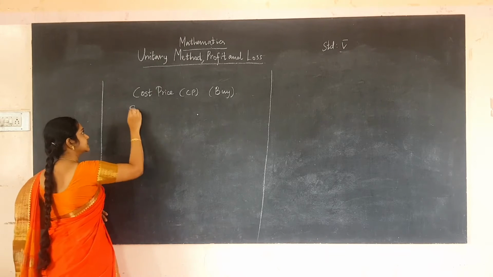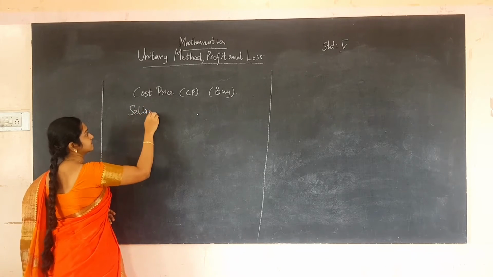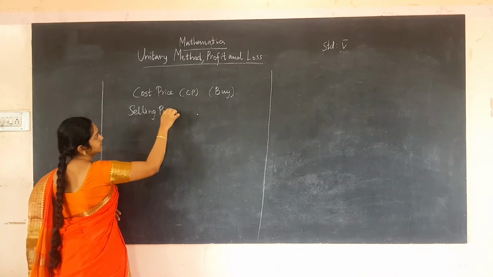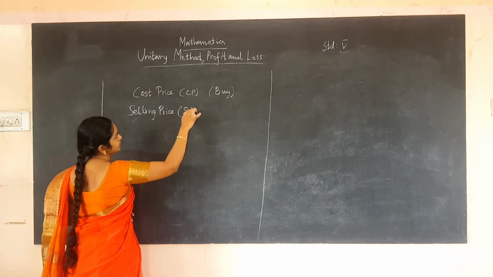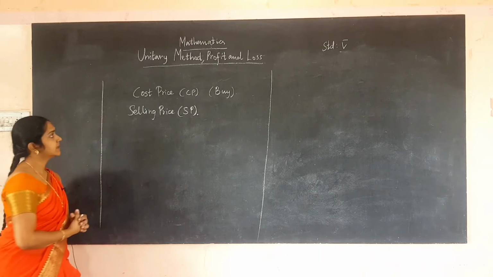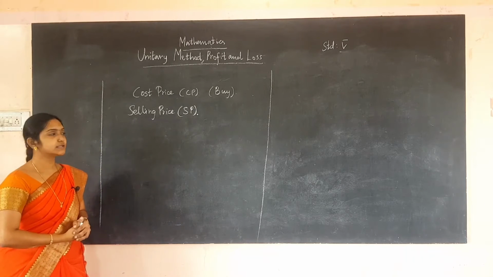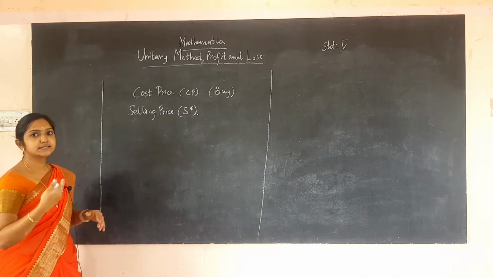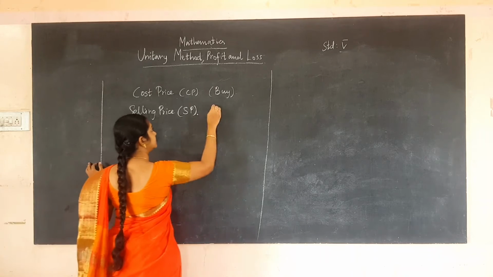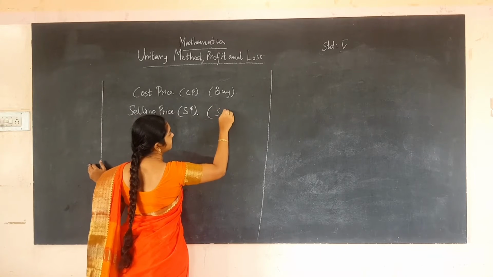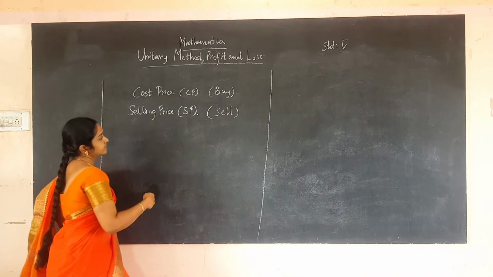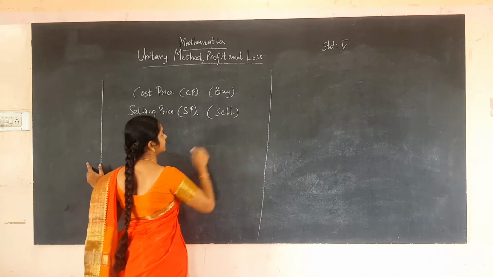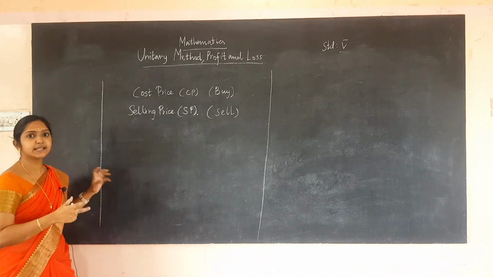Next it is selling price. In short we call it as SP. Selling price is the amount that we sell for selling a thing.